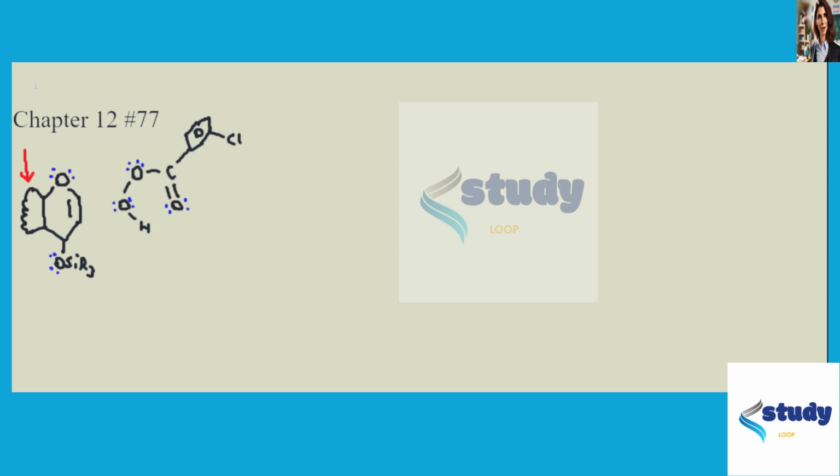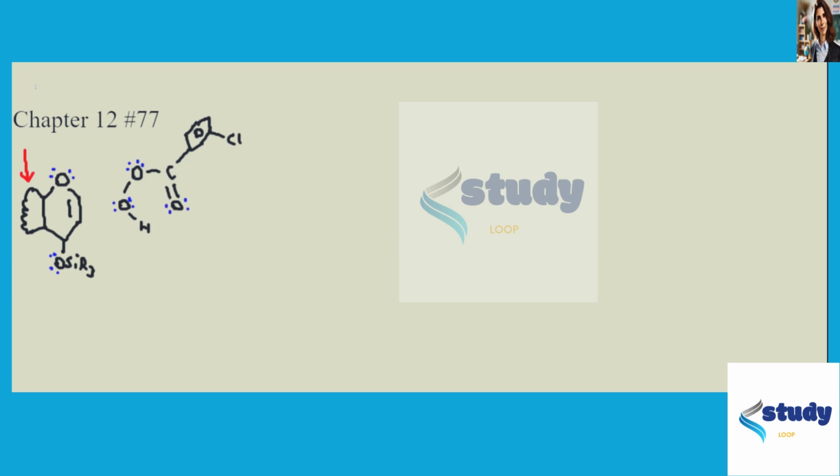It's a waste of time to continue drawing large pieces of molecule that aren't participating at all in a reaction. So that's the notation that I'm going to use to save time.